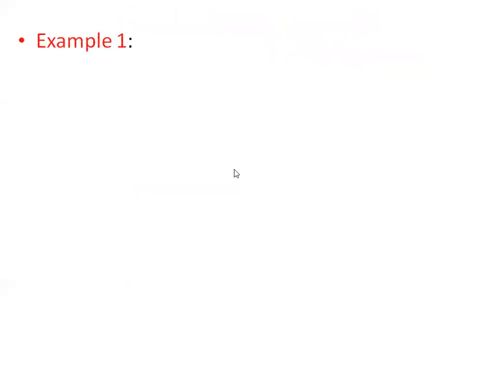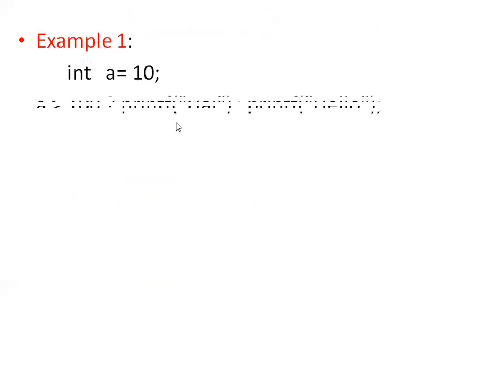As an example, say I have a variable a of type integer assigned the value 10. Now I can use a condition in this form using the conditional operator. I'm checking the condition a greater than 100. This is expression 1. Then a question mark. Then I have a printf statement before the colon.